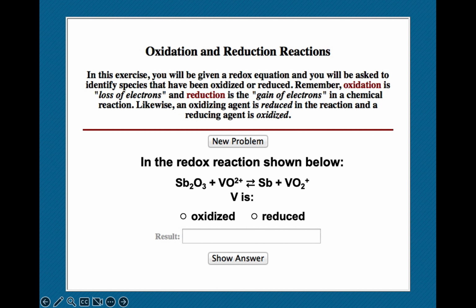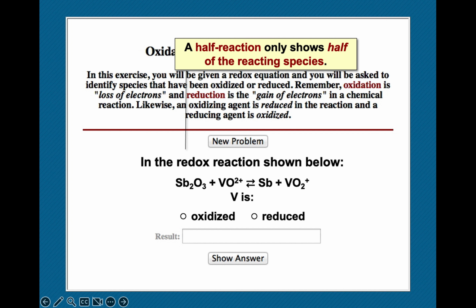Same thing. Also, this isn't a complete reaction, it's called a half reaction. We won't deal a lot with those, but it's basically only the stuff that really undergoes change. Only the stuff that matters.